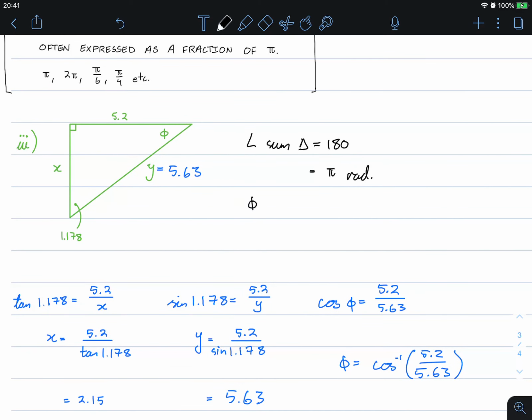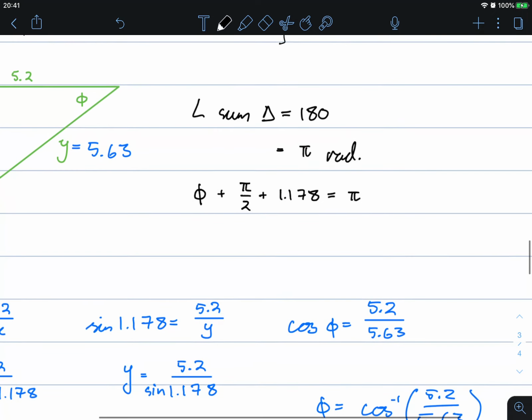So we can say phi plus pi on 2 radians plus 1.178 is equal to pi. Solving for phi, we get pi minus pi on 2 minus 1.178.